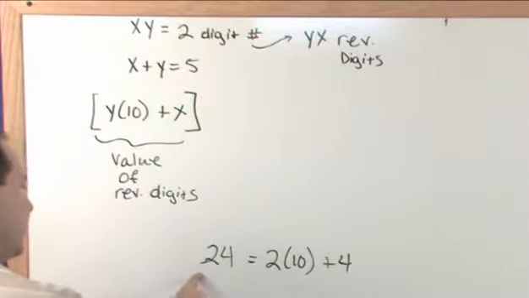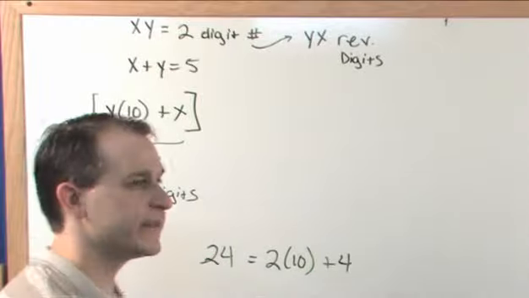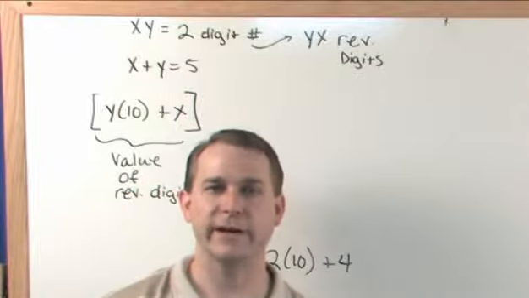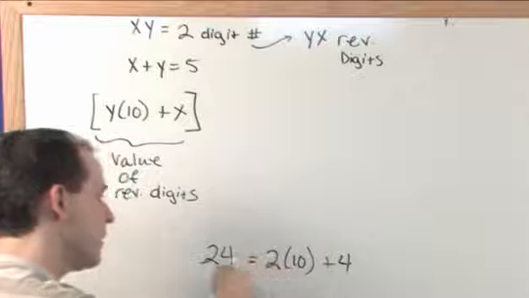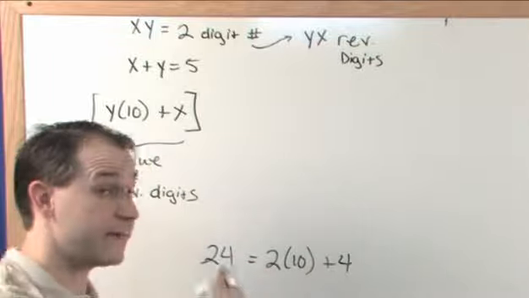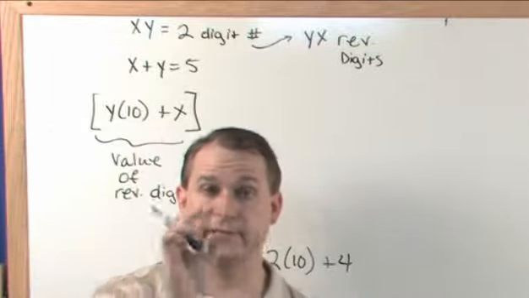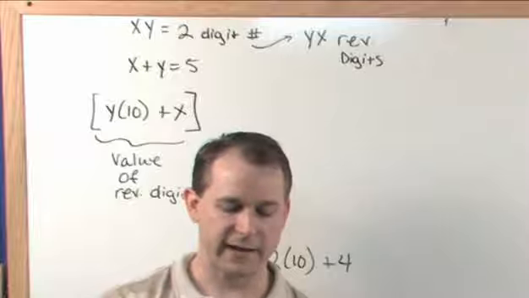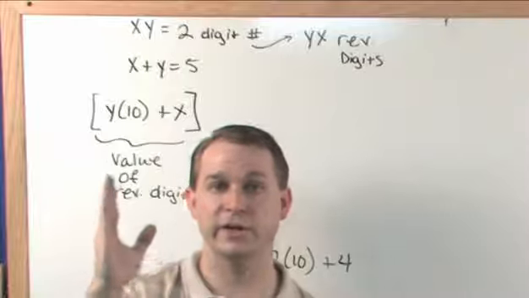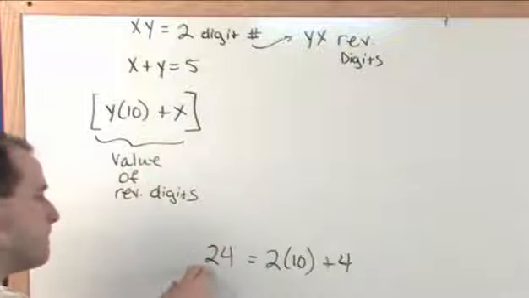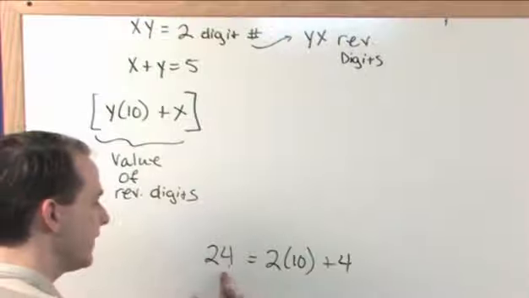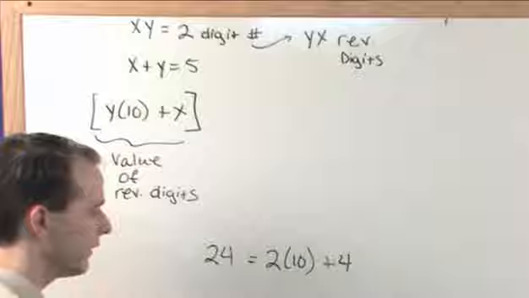So anytime you have digits, just think back to second grade, the value is the tens digit times 10 plus the ones digit. And if you have hundreds, you'll have a hundreds digit times 100, and so on. Each position in the number has a different weight. This number means more than this one because it's over to the left, and we grew up with this.